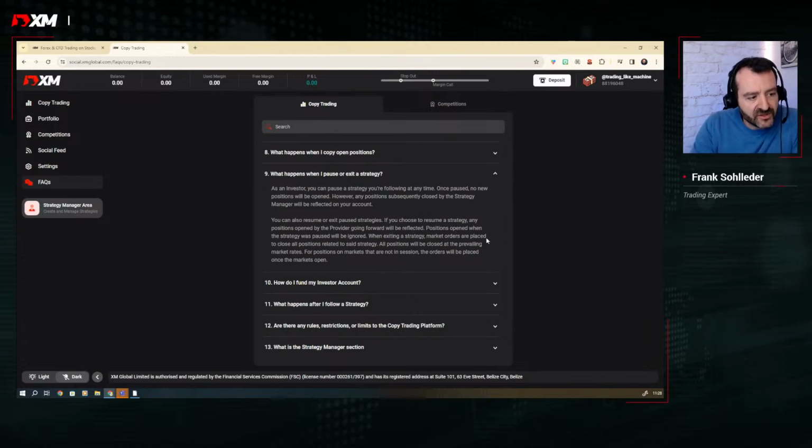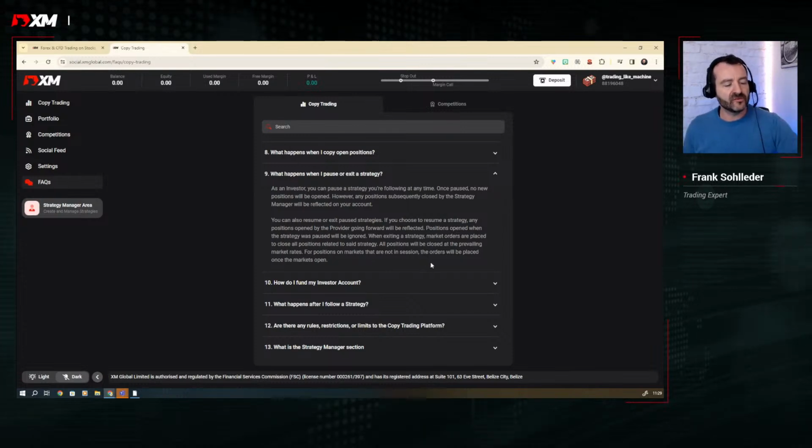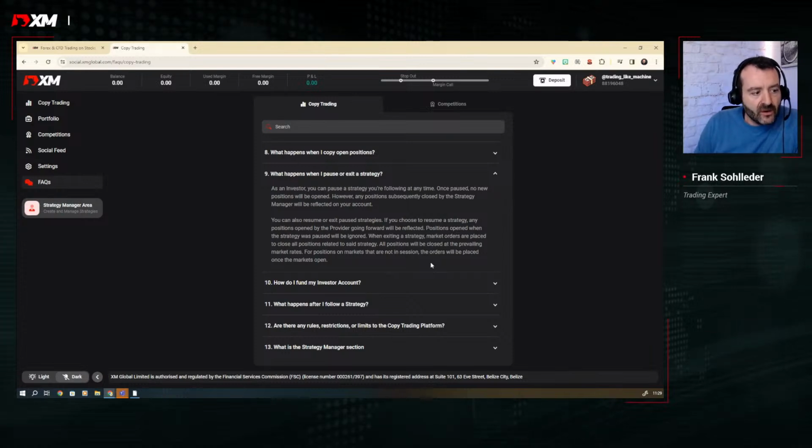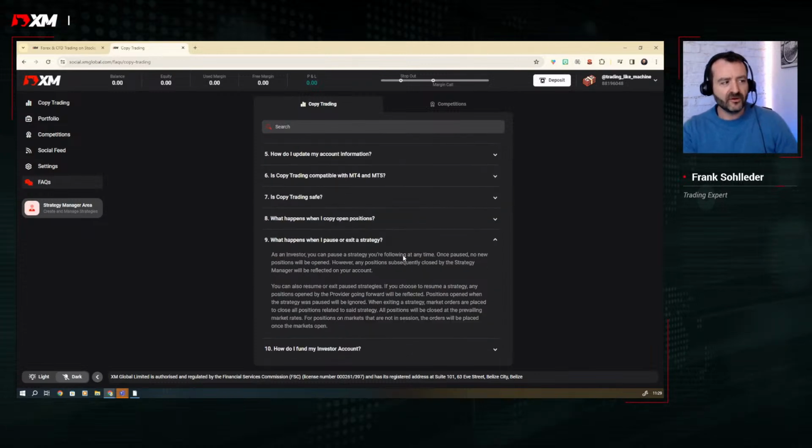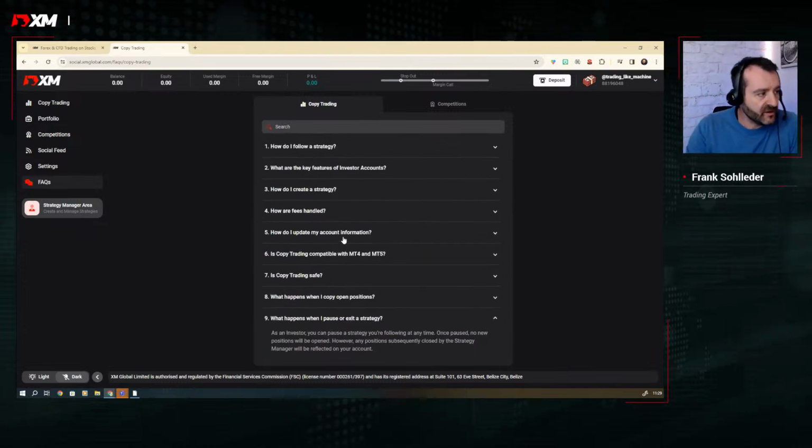Positions opened when the strategy is paused will be ignored. When exiting a strategy, market orders are placed to close all positions related to said strategy. All positions will be closed at the prevailing market rates. For positions on markets that are not in session, the orders will be placed once the markets open. Okay, here's everything explained. So you can really find a lot of information here. Just go in and find it out.